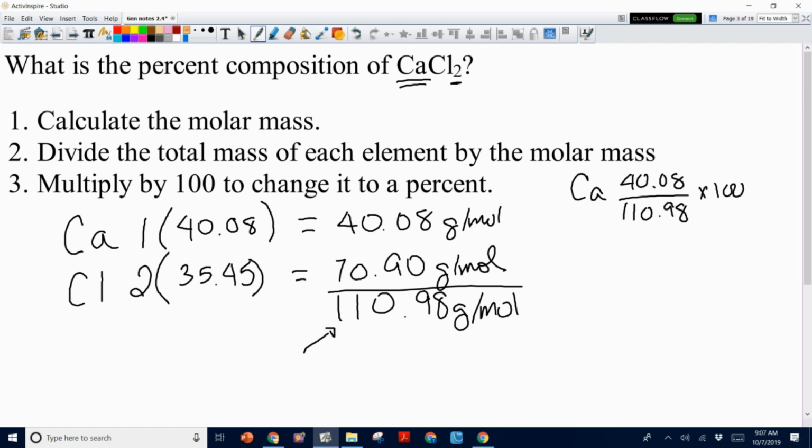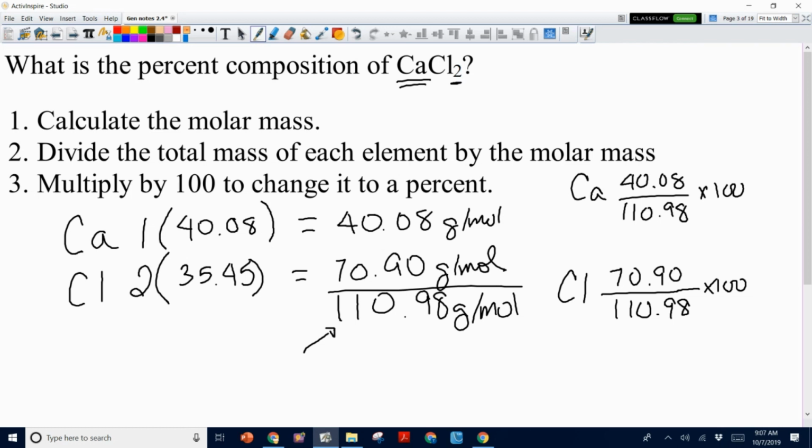The same thing for the chlorine: the part is 70.90 divided by the whole, 110.98 times 100, and that'll give us the percentage for the chlorine. So pick up your calculators and do this math. 40.08 divided by 110.98 times 100.